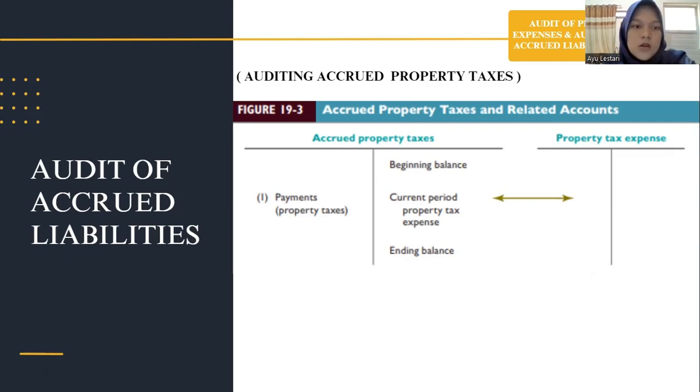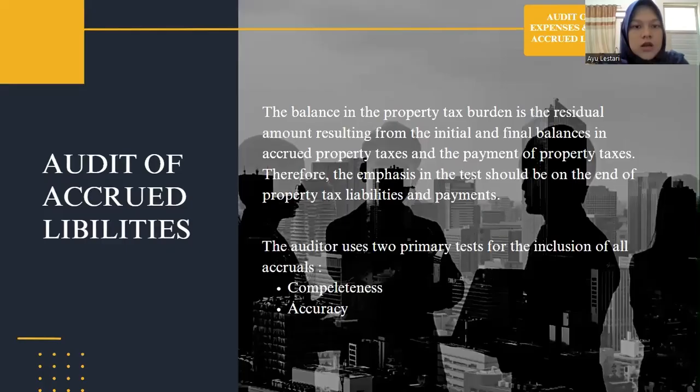And next, as with insurance expense before, in accrued liabilities, the property tax expense is the residual amount resulting from the initial and final balance in accrued property taxes and the payment of property taxes.